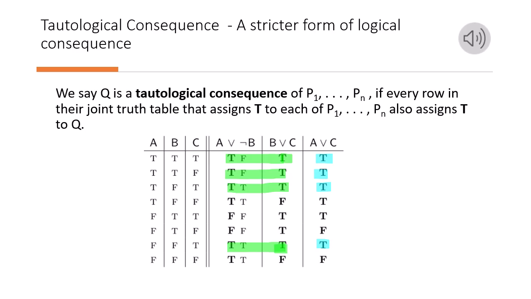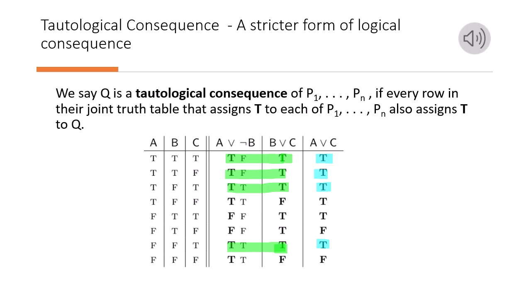Now, when we fill out the joint truth table here, we get truth tables based on those connectives. What I've highlighted here in green are all of the rows where those 2 premises, A disjunction negation B and B disjunction C, are both true. So those are the rows that we identify when we're looking to establish a tautological consequence.